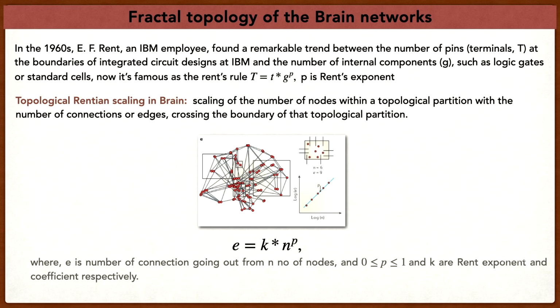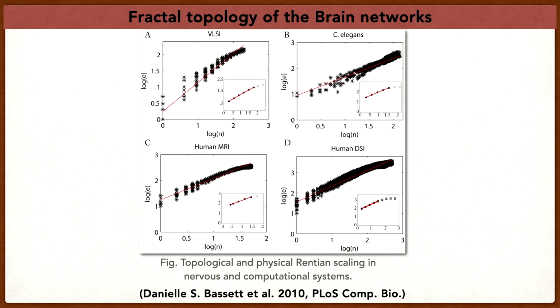Okay. So following the same idea, this was studied, and it was found in the brain also. Here this is for a VLSI design. You see it is correlated with the size of the box and the number of connections, or the number of pins it has. Same you get for the C. elegans network, human MRI, and human DSA.